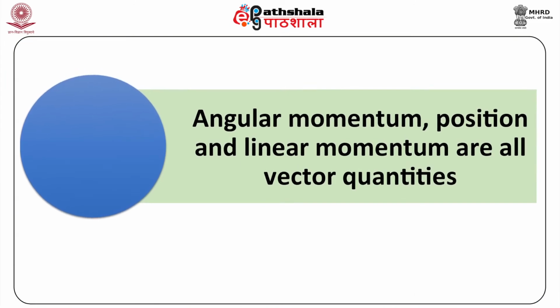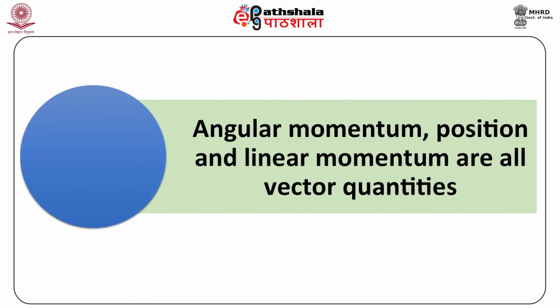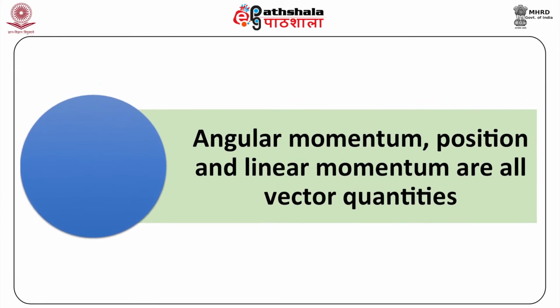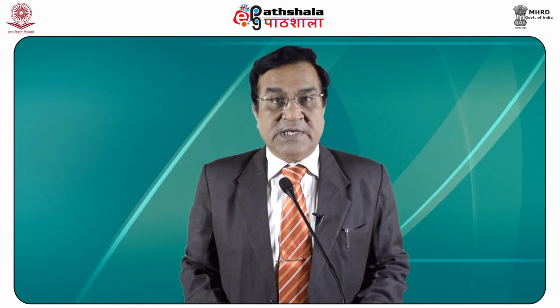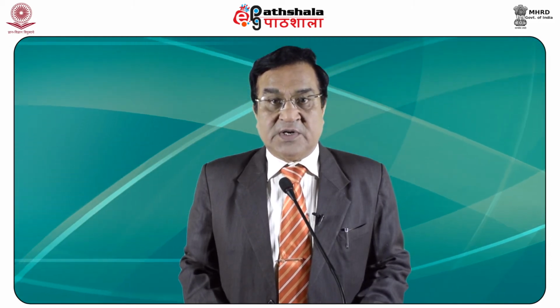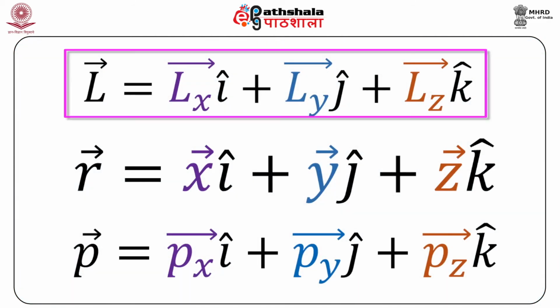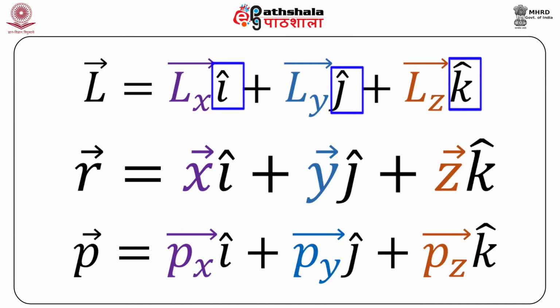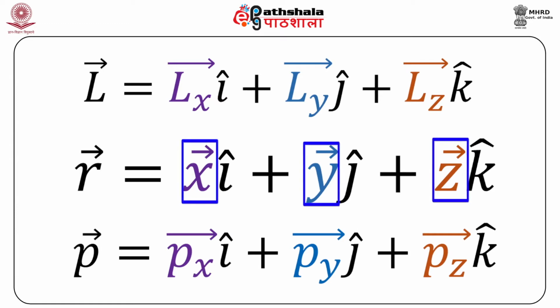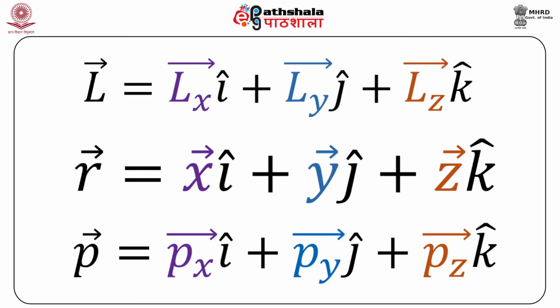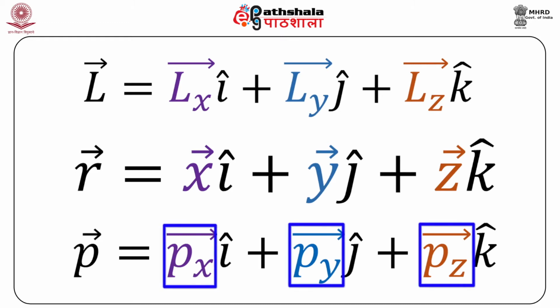Since angular momentum, position and linear momentum are all vector quantities, these can be written in Cartesian coordinates: L will be equal to Lx i plus Ly j plus Lz k, where i, j and k are unit vectors. Similarly, one can express position r in terms of x, y and z, and linear momentum p in terms of px, py and pz using unit vectors.